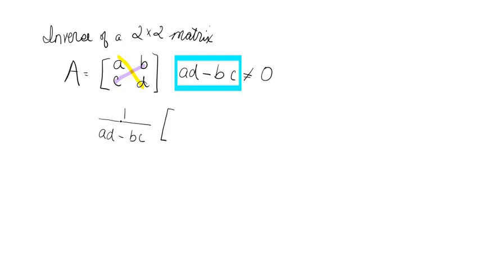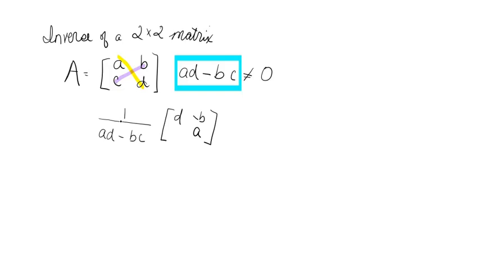That becomes a scalar, and you're going to multiply it not by A, B, C, D, but you're going to switch out the elements on the main diagonal, so it's going to be a D and an A. And then on the other diagonal, the minor diagonal, you're going to leave the elements where they are, but you're going to negate them.